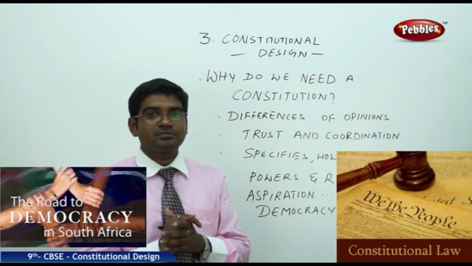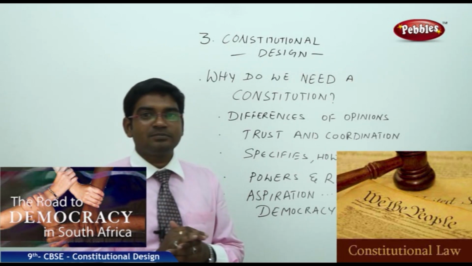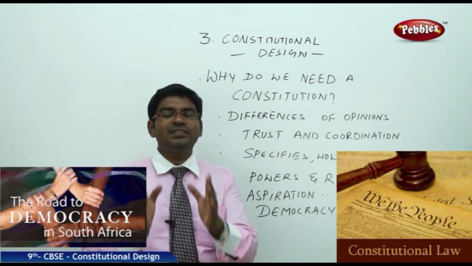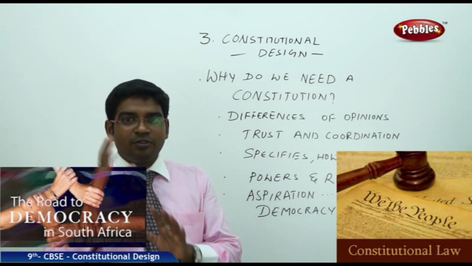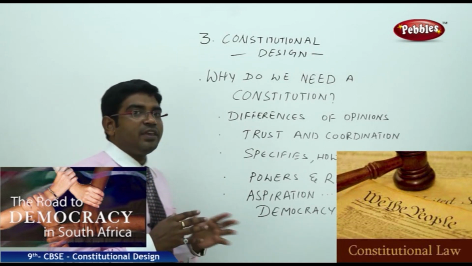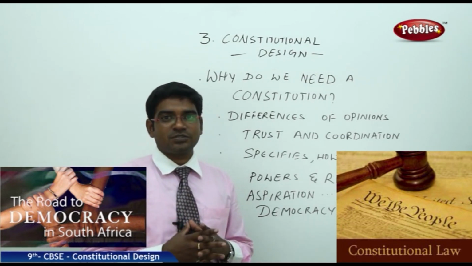And later, the rights of the individuals, the rights of the people, the restrictions on the government, all these are again found in the constitutional book. And also, in the Constitution we try to capture aspirations.